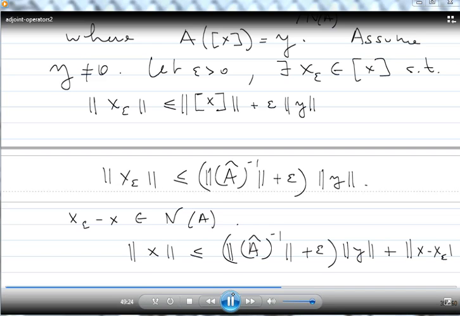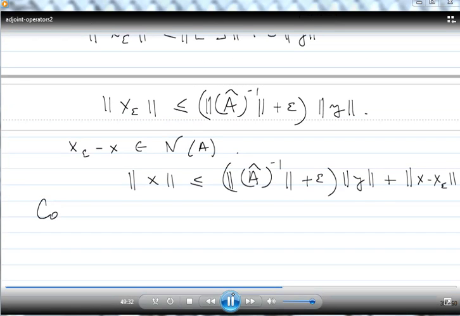So what happened in fact here, conclusion. By the way, note that if Y is equal to 0, then we can take X being in the null space, and we can take this inequality.